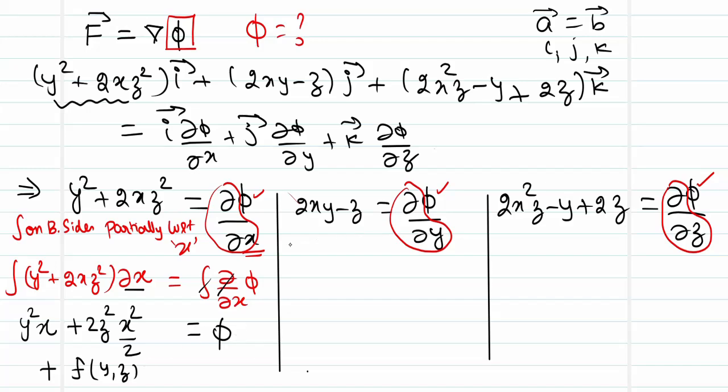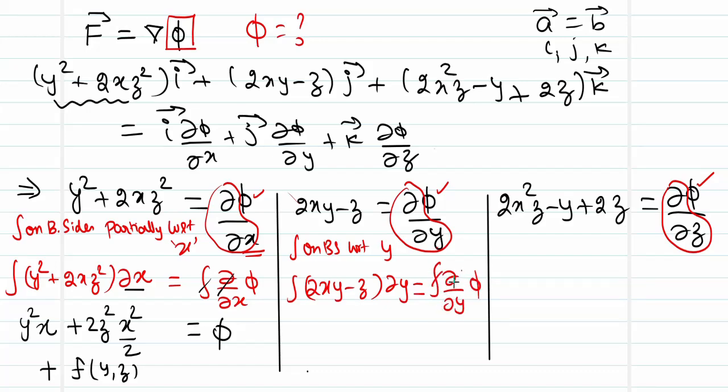In a similar way, when I integrate on both sides of the second component with respect to the variable y, what will happen? I have 2xy minus z, with respect to y partially, and this is going to be the integral of dou by dou y of phi. Again, the integral and dou cancel off, leaving you with phi.